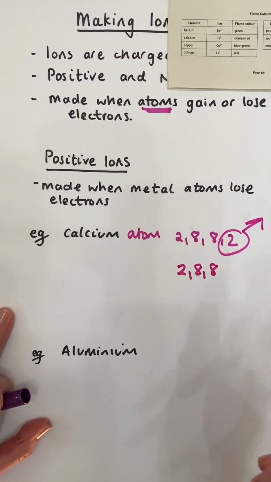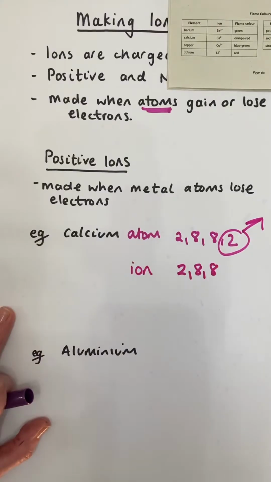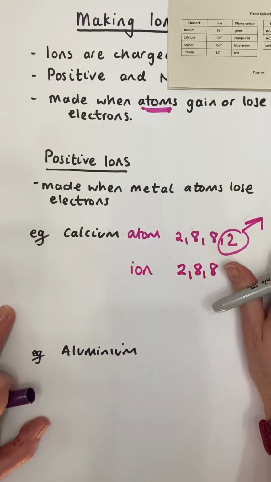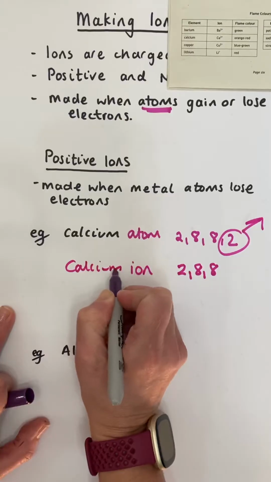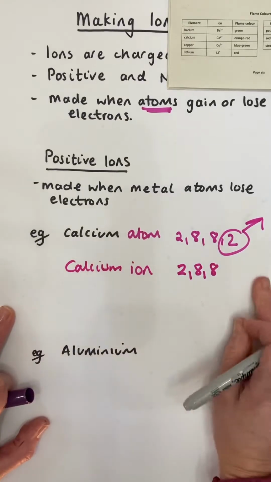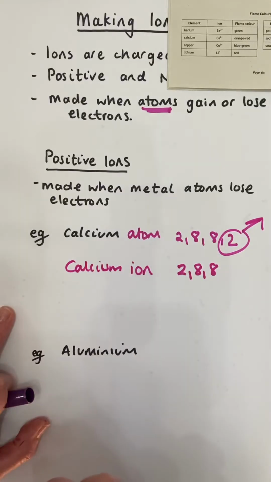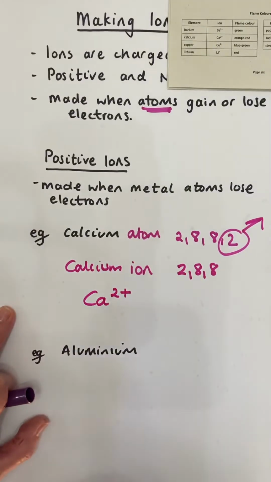It's no longer an atom. It's an ion because it's got fewer electrons than protons. It's given those 2 electrons away. So the calcium ion now has a 2 positive charge. It's given away 2 of the negatives, so it's now got 2 more positives than negatives. So the symbol for the calcium ion is Ca 2+.